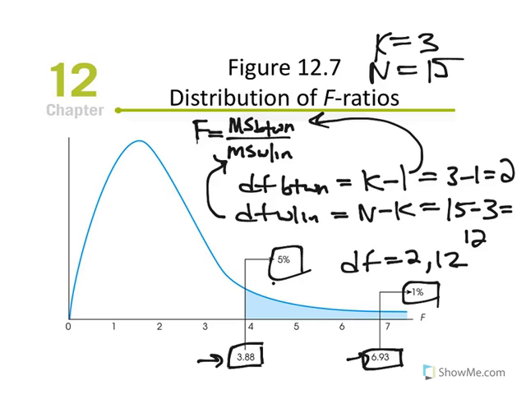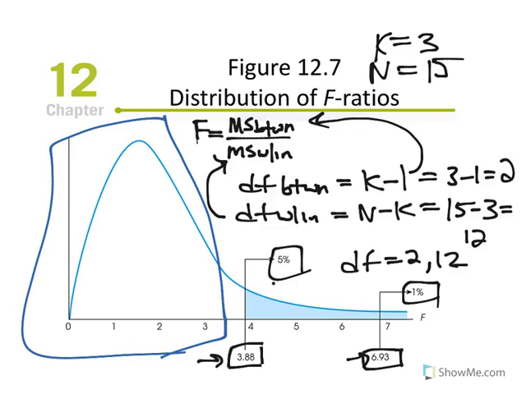So again, this blue shaded area denotes the critical region. And if our F value fell anywhere in this region, then we would conclude that we cannot reject the null hypothesis. And again, the null stating that all of the means are equal to one another.